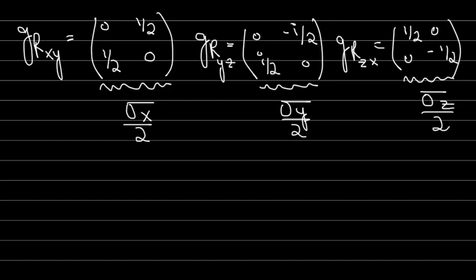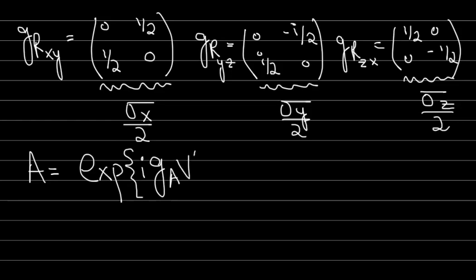Right. Now let's quickly recall that a general element of a Lie group can be written as, we said earlier, A is equal to the exponential of iota g_a v_a, right?